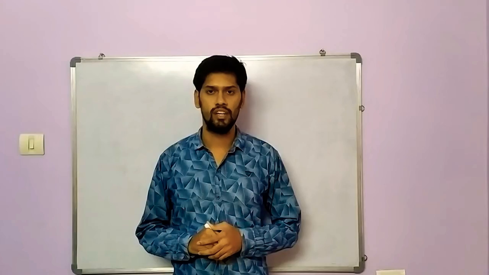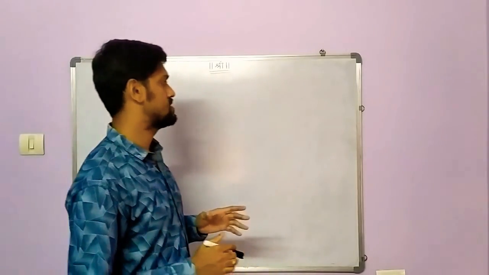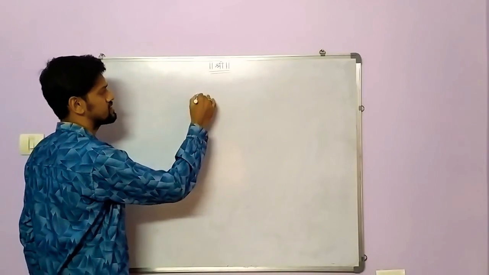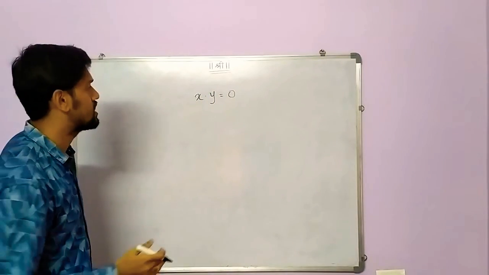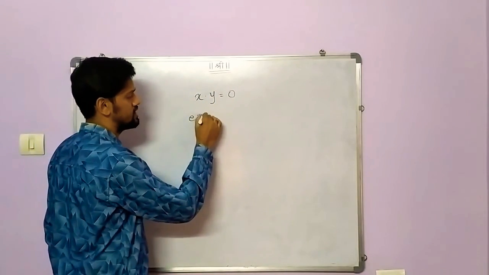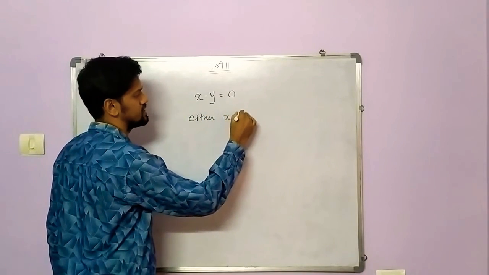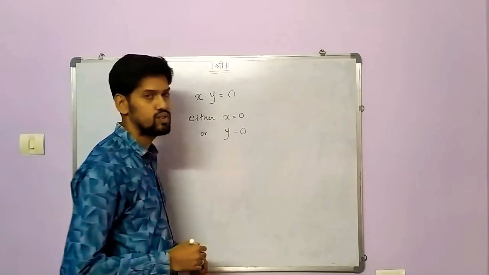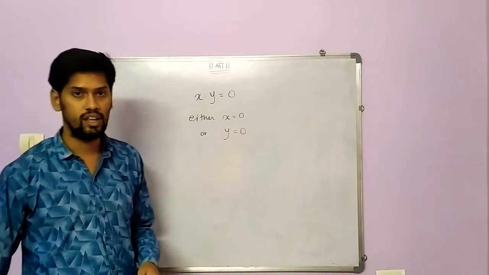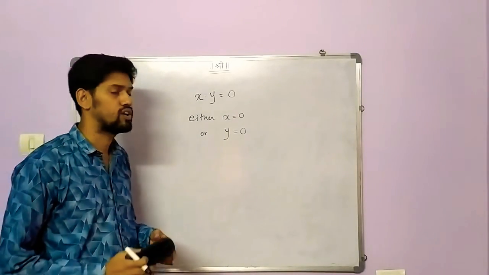Whenever we are dealing with real numbers, what we observe is that if x into y is equal to 0, then what we can conclude is either x is equal to 0 or y is equal to 0. But when we are dealing with matrices, this may not be true.